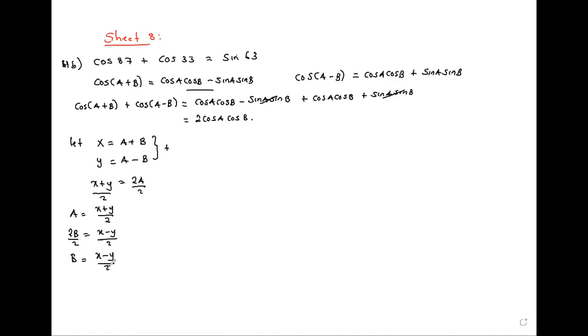So when we go back to our question, we say that A plus B is x, so we're dealing with cos x, plus A minus B is y, so we're dealing with cos y. This must give us 2 cos A, which has been discovered to be x plus y over 2, and cos B is x minus y over 2.